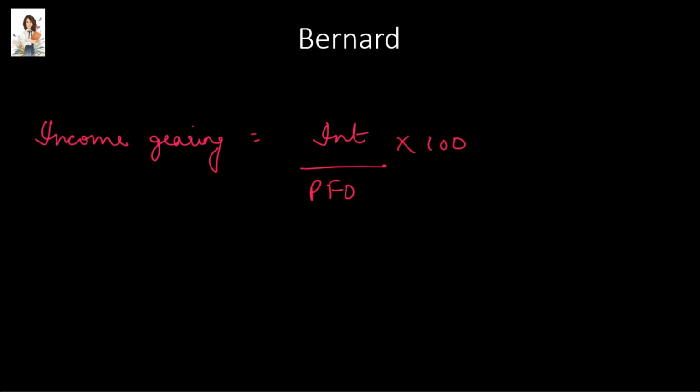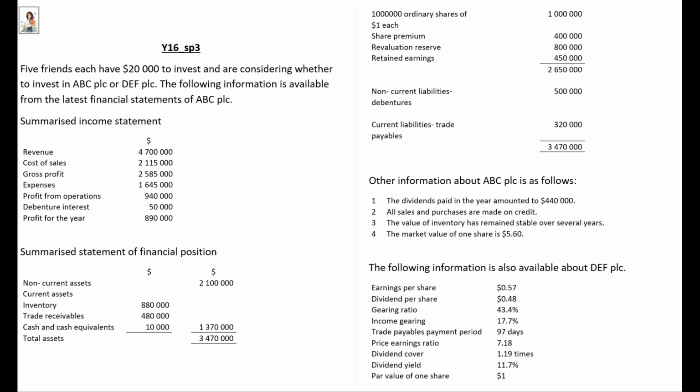The formula for income gearing ratio is interest upon profit from operations into 100. Let us find these figures in the question. The interest for the year is $50,000 and the profit from operations is $940,000.